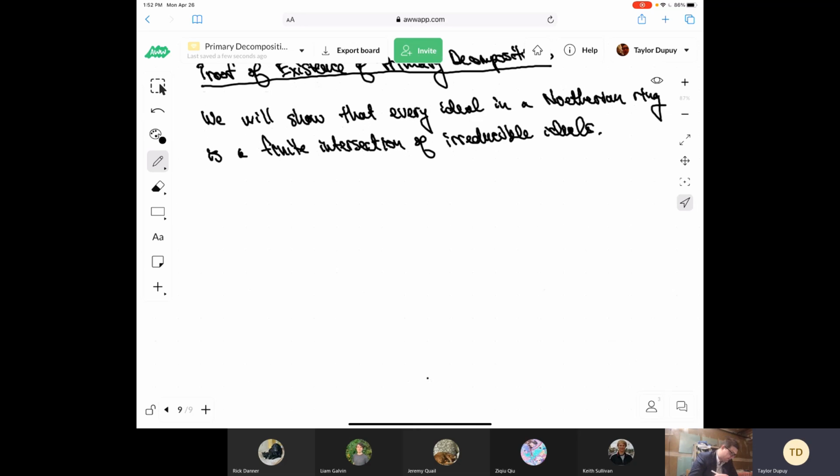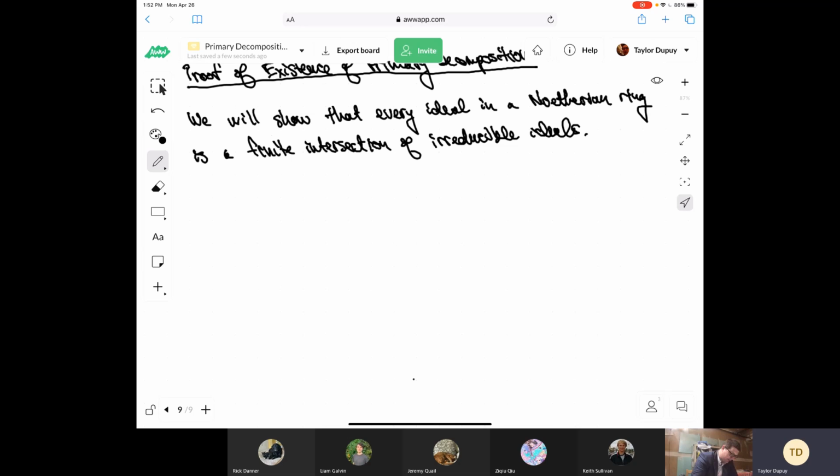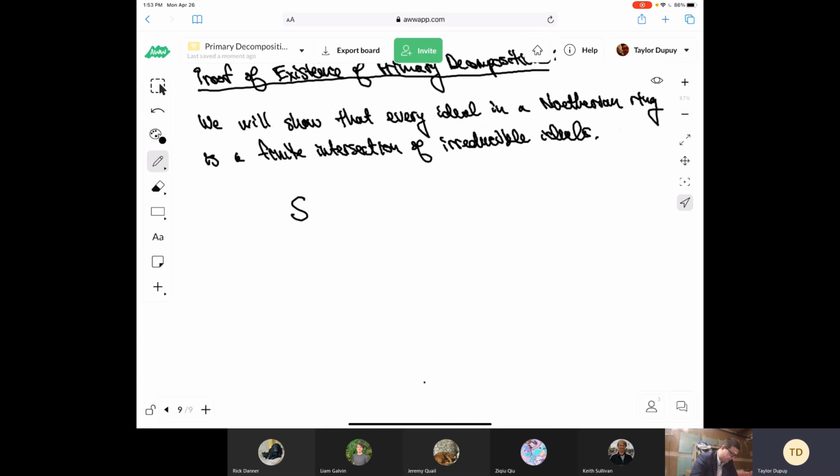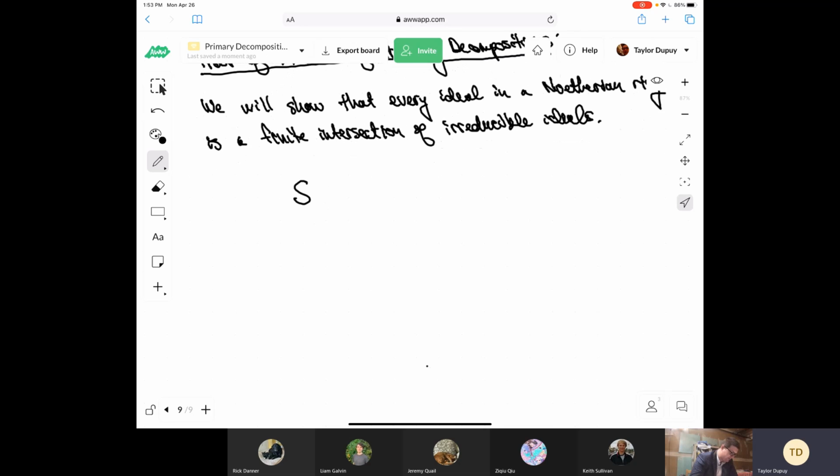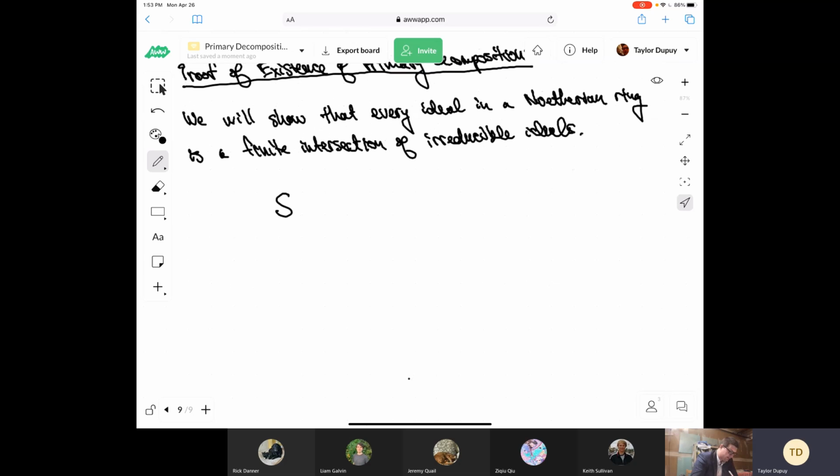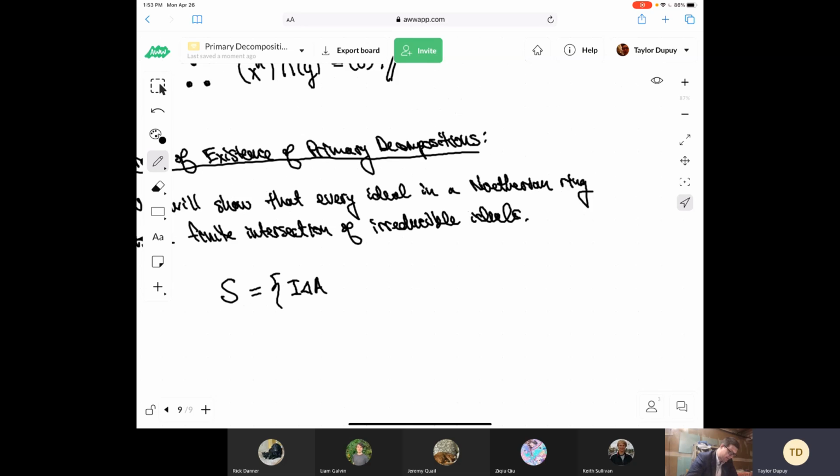So what we're going to do is use the axiom of choice. We're going to take a set, and then chains, and we're going to use Zorn's lemma. So we're going to look at the set of ideals in a ring A. So A is going to be a ring.